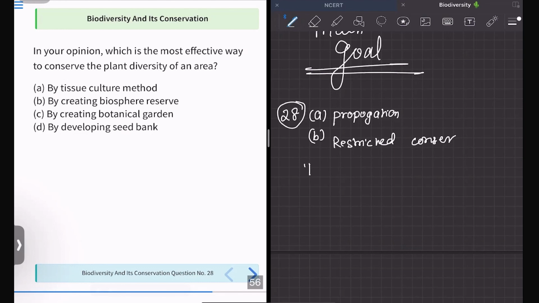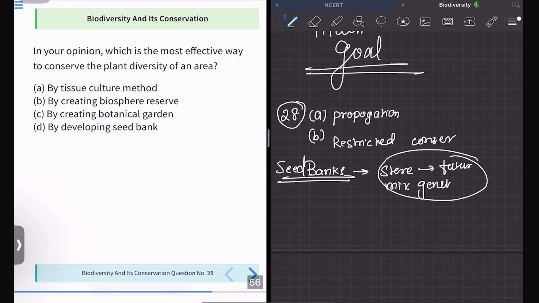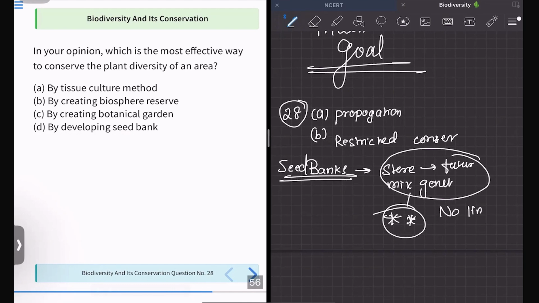But if we develop seed banks, we can store genetic material and use it in future. So ultimately, this is such a good option. If you see, there is no limitation. You can keep it with you for the future also.